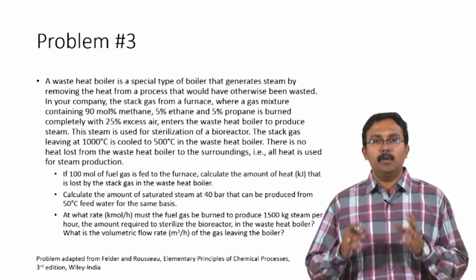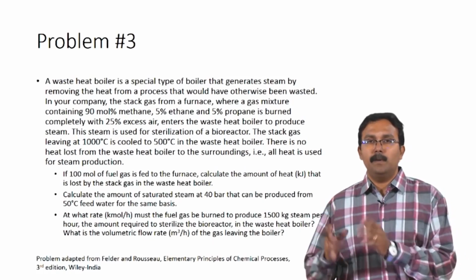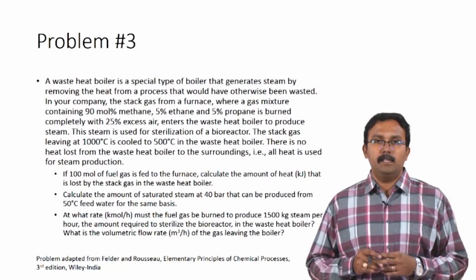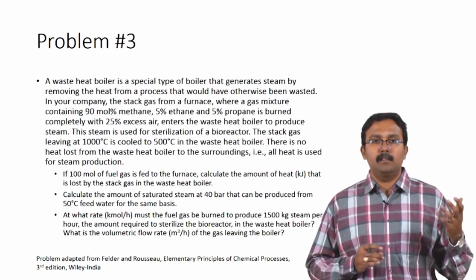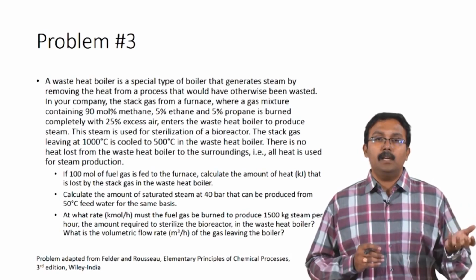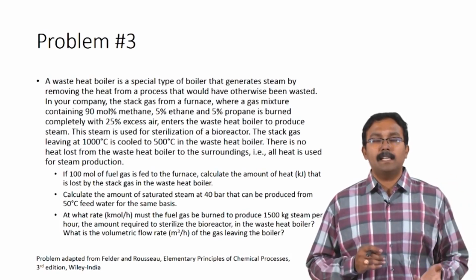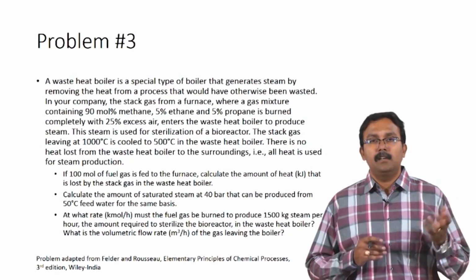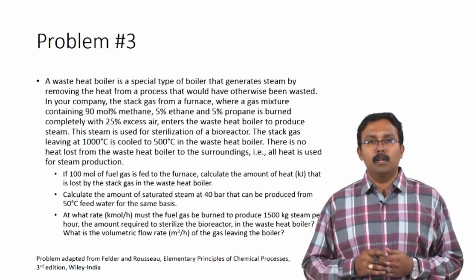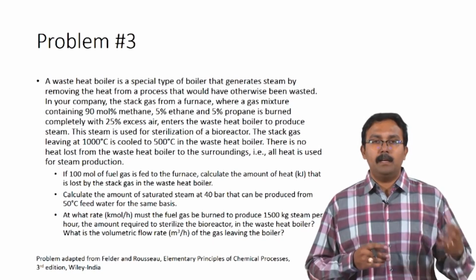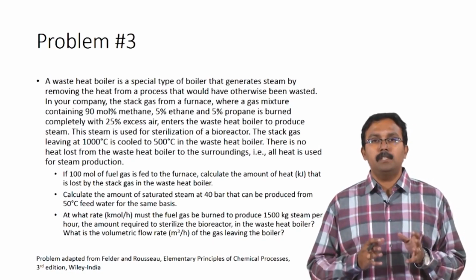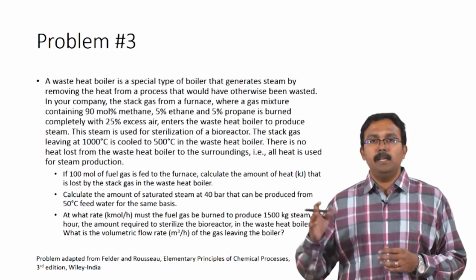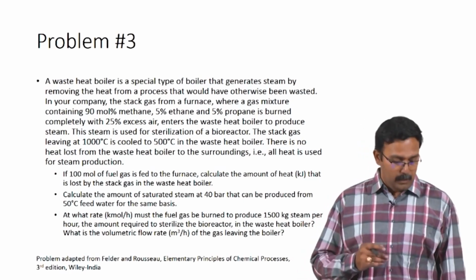Although we are worried about energy balances only for the waste heat boiler, the feed to the waste heat boiler is from a furnace, and this information is required so that we can have the information about the gases which are present in the gas entering the waste heat boiler. So, we first need to perform material balances which will help us identify the composition of the gas being fed to the waste heat boiler. So, let us start performing the material balance calculations first.